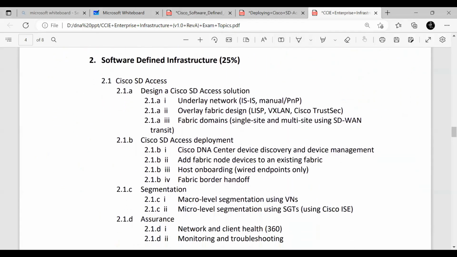Then section 2 is completely dedicated to software-defined access. 2.1 stands for SD-Access. SD-Access is for LAN automation.